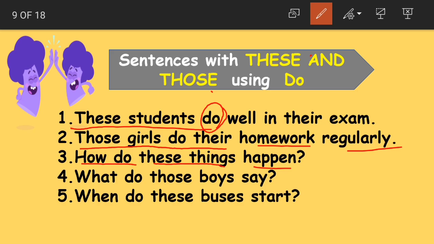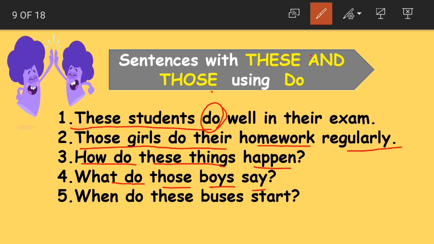Yes. Now, the fourth one is, what do those boys say? Those boys, the boys who are a little far away from you, what do those boys say? If you want to use the same sentence with these, then what do these boys say? The boys who are nearer to you.